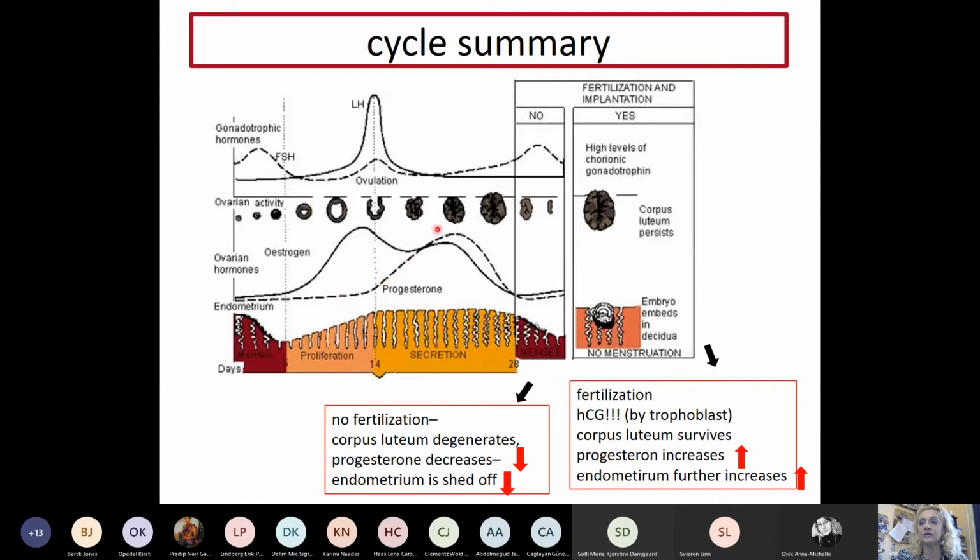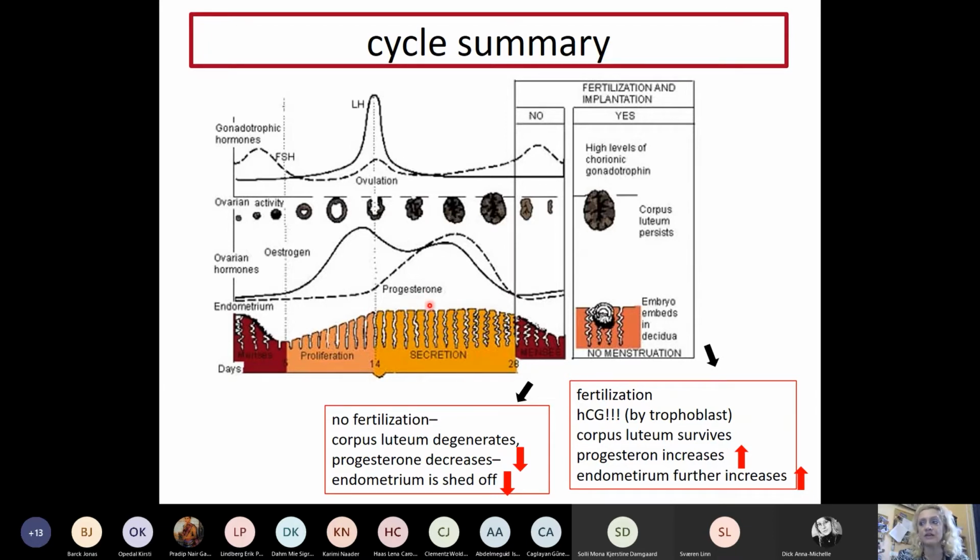Progesterone is mainly produced, almost exclusively produced, during the second half of the menstrual cycle due to the LH, which induces corpus luteum building, and then corpus luteum will produce progesterone. And this induces the secretory phase of the uterus.